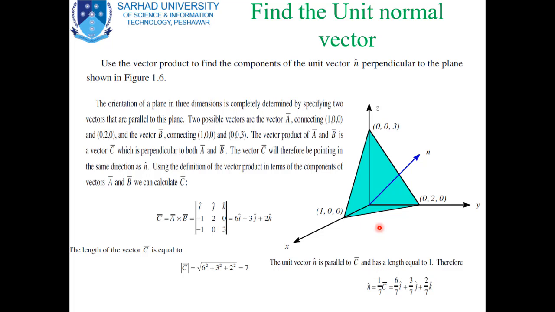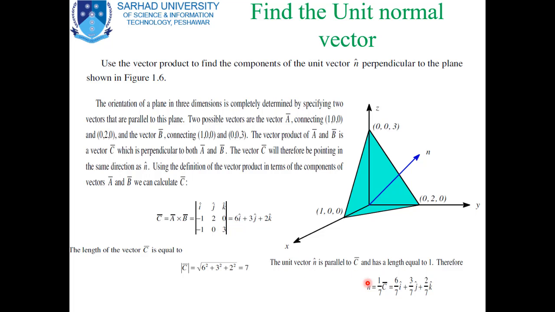So as C is perpendicular to this plane, and we can write the normal unit vector whenever vector divided by its magnitude, it will give us a unit vector. So n cap represents the unit normal vector, and we will divide the components of vector C which are 6.